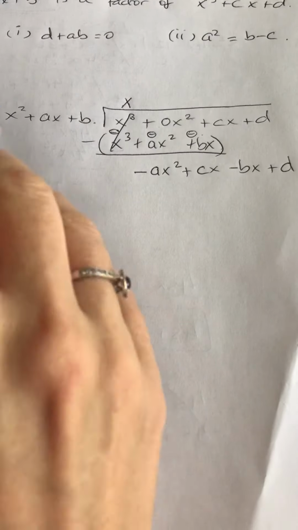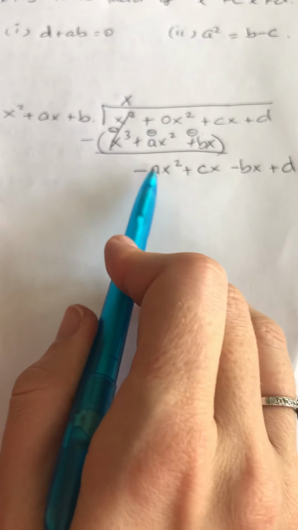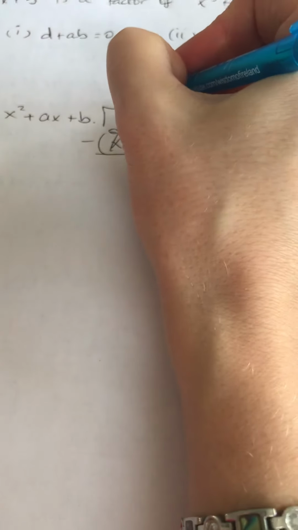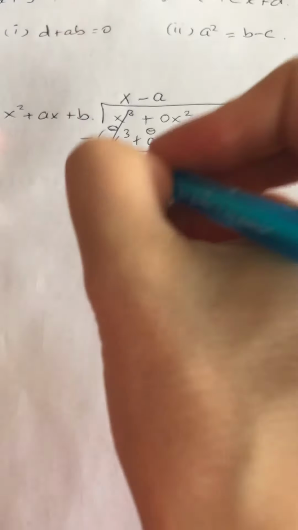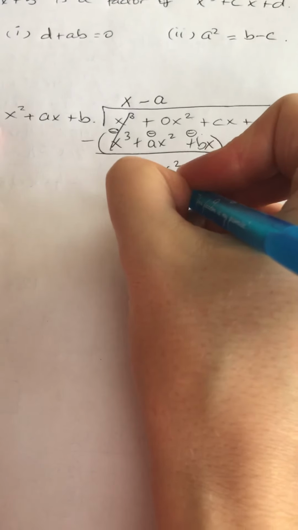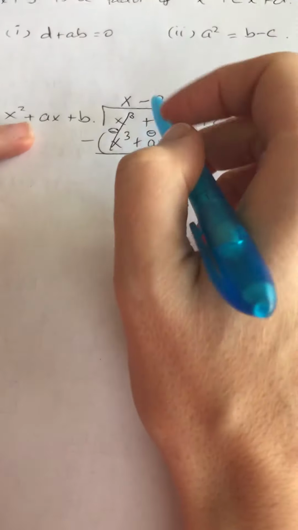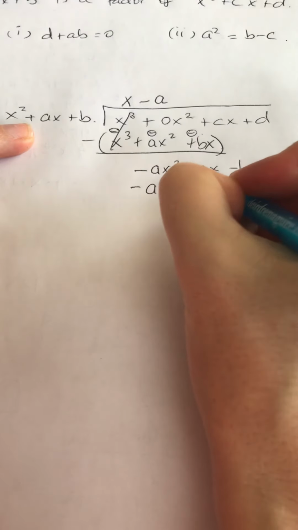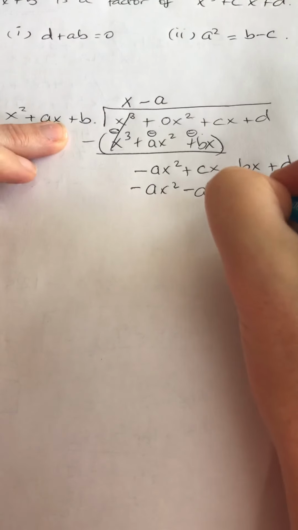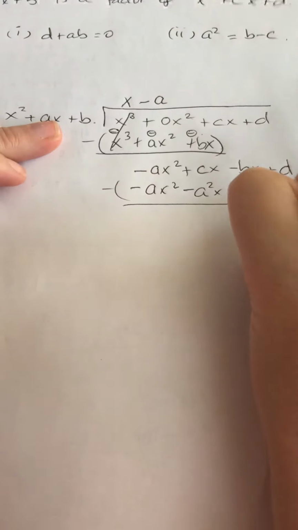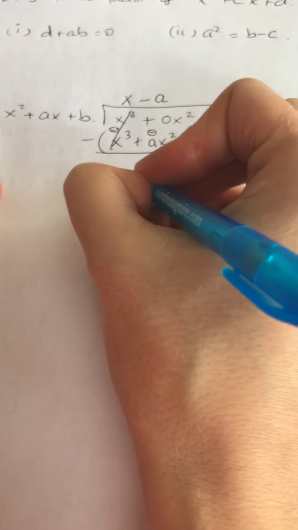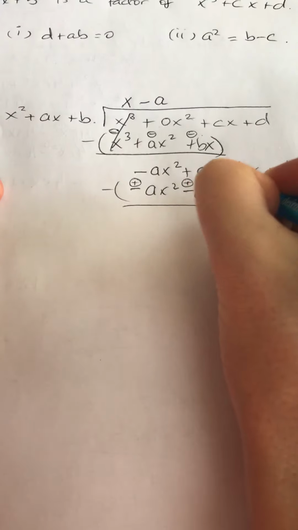And I go again. What do I multiply x squared by to give me a minus ax squared? Minus a. Take it to the side, work it out. Minus ax squared, minus a squared x, minus ab, and I subtract. Plus, plus, plus.